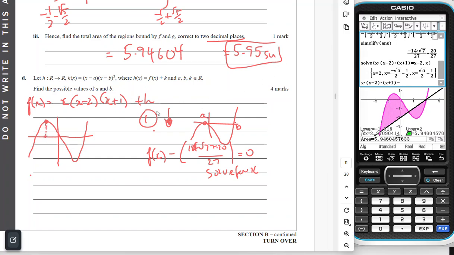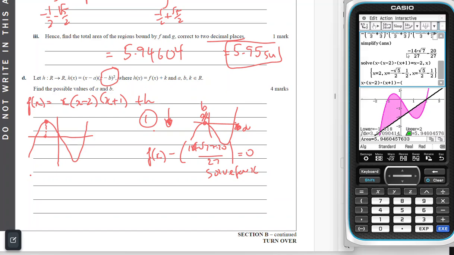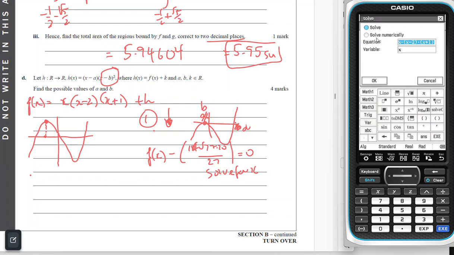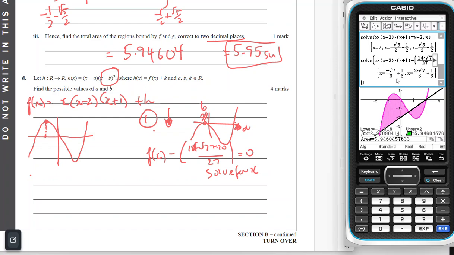That's b and that's a, because b is the one that has got the bounce. So minus, I'll put up a bracket, and I've got this, except I've got a positive on the 14. And I go solve for x. And that gives me two answers for x.